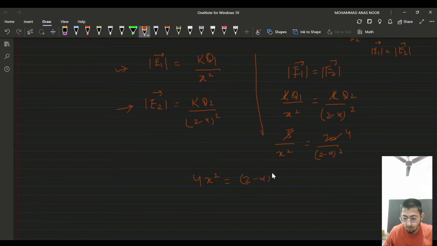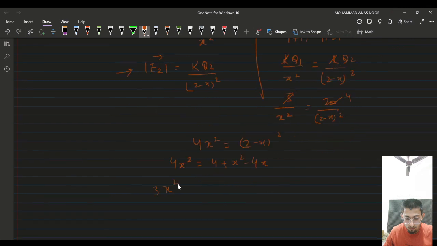So 4x square is equal to 4, and using (a minus b) whole square, a square plus b square minus 2ab, so x square minus 4x. Let's take everything here. So 3x square, that is 4x square minus x square. This would become positive, this 4x would become negative, correct?